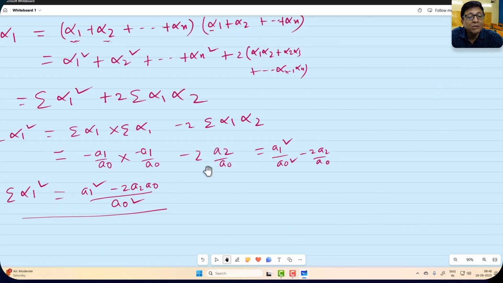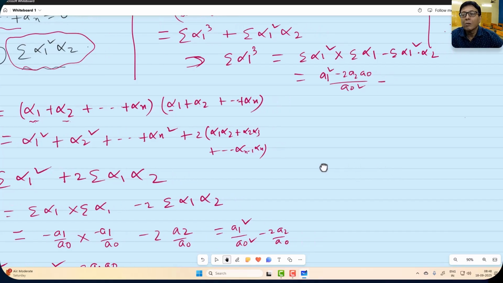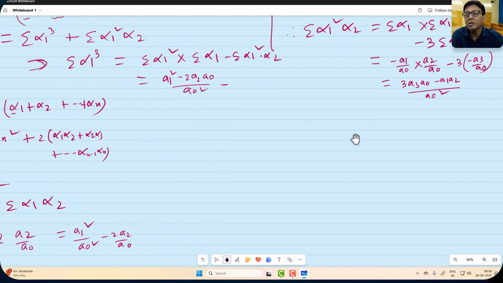What is sigma alpha 1 square? a1 square minus 2 a0 a2, by a0 square. And what about sigma alpha 1 square alpha 2? You got it here.